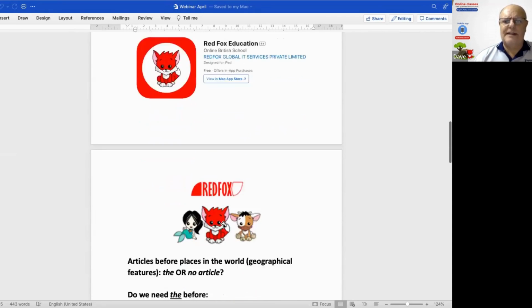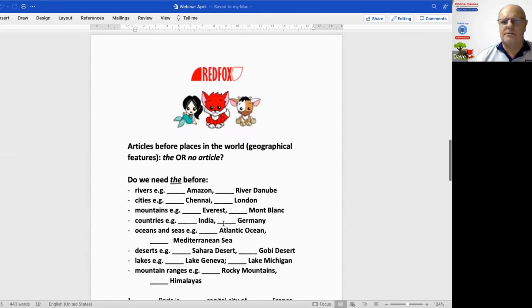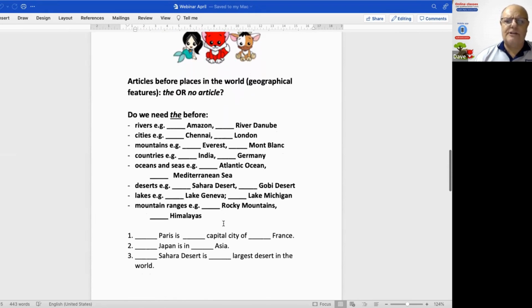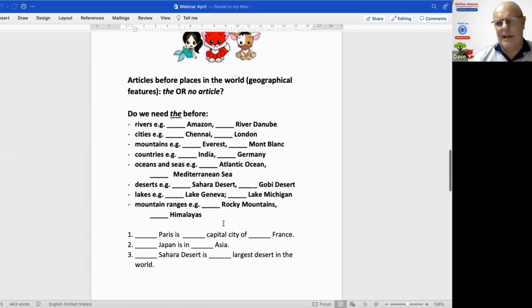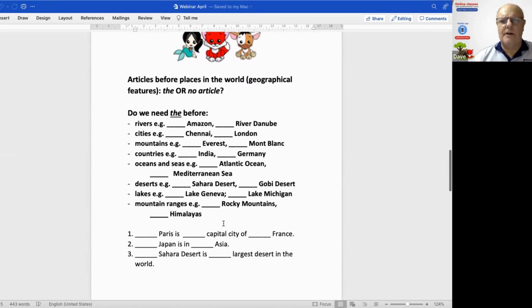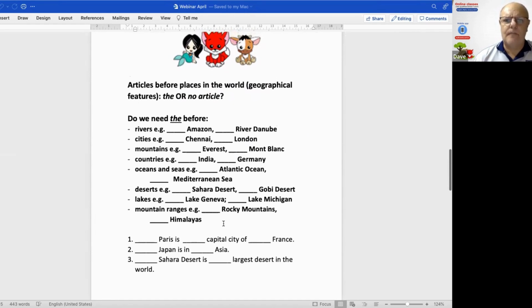Right, let's move on to our next point, which is articles. Again, for second language students, articles can be very difficult, particularly for some Southeast Asian languages, which don't have articles that feature in their native language. So for geographical features, different types of places around the world, we either put "the" before it or we have no article.